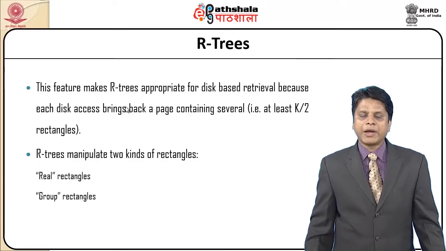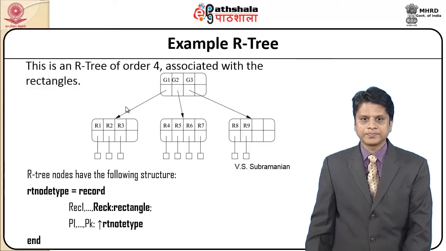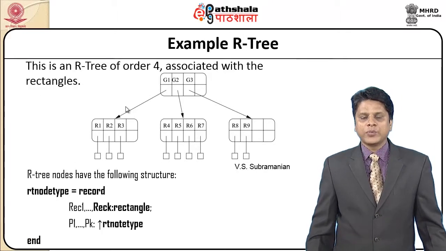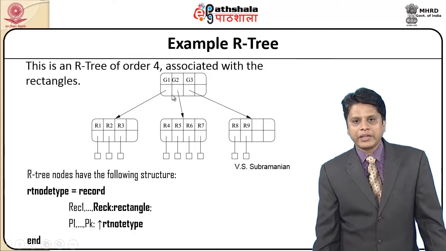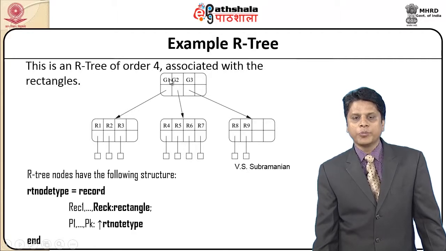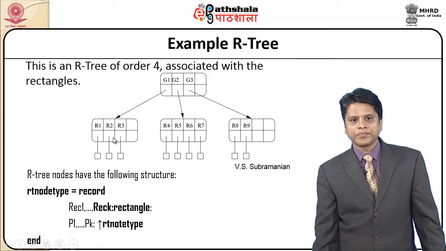R trees manipulate 2 kinds of rectangles: either real rectangles or a group of rectangles. Here comes an example of an R tree, where I have indicated groups of rectangles called G1, G2, G3, and these groups in turn have some real rectangles called R1, R2 and R3.